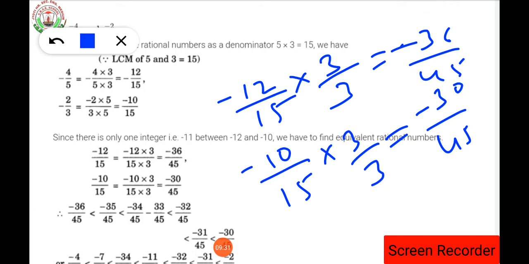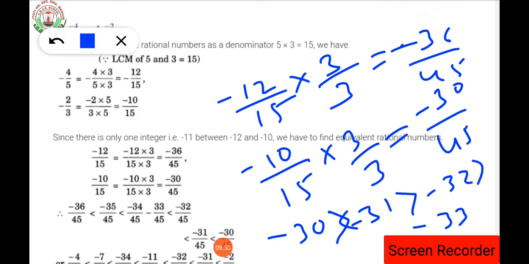Now what you have to do, अब देखो -36 और -30 के बीच 5 रैशनल नंबर एग्जिस्ट करता है. कौन कौन सा 5 रैशनल नंबर होगा? -30, ओके, देन -31, -32, -33, -34 एंड -35.